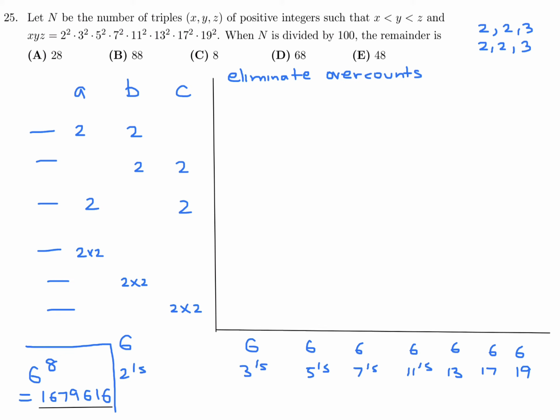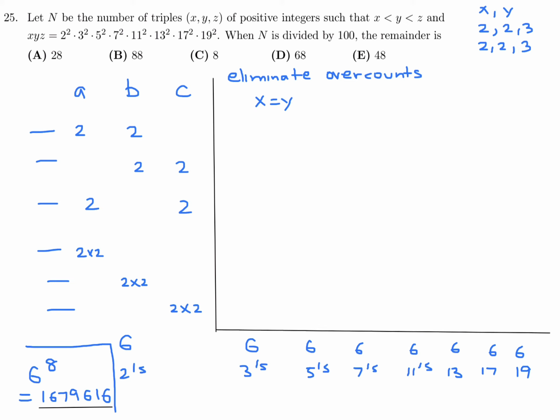Well, overcounts can happen in a few ways. The first is where x is equal to y. So these were my triples, right? X, Y, Z. And as you can see, this is a scenario where x was equal to y. So if x is equal to y, and I have some sort of triple ABC, and this is x and this is y, then you'd have this kind of scenario.